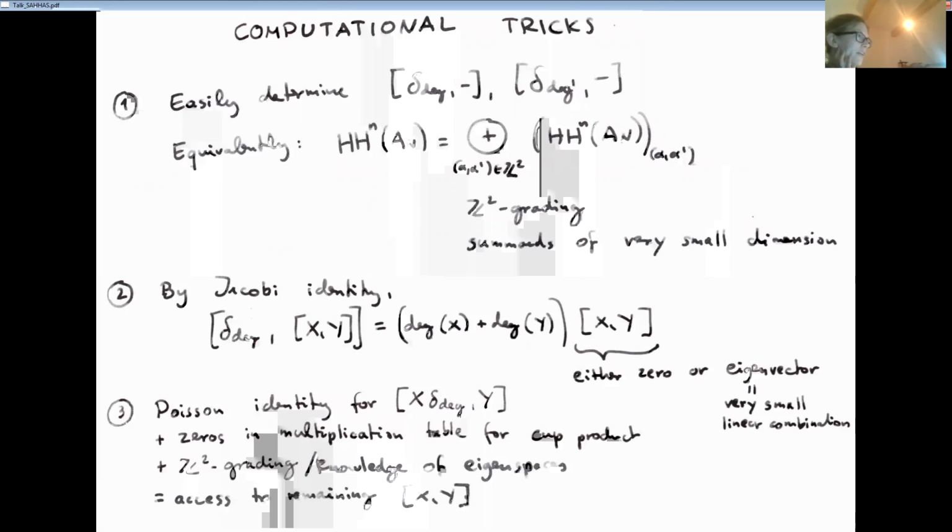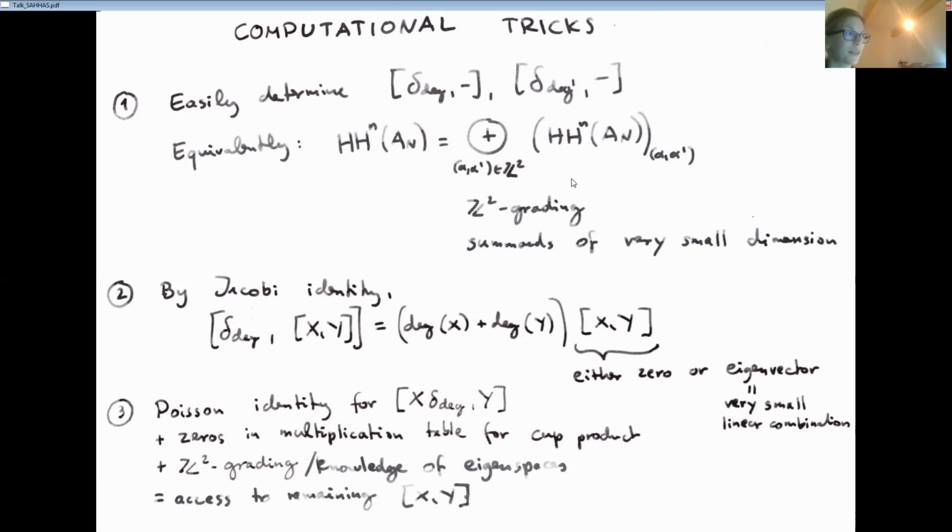So the computational trick that we used was to first observe that we can really easily determine the Gerstenhaber bracket with our degree derivations. So this is really a big recommendation: start with any kind of degree derivations that you can get, because this will allow you to decompose Hochschild cohomology into graded homogeneous components.